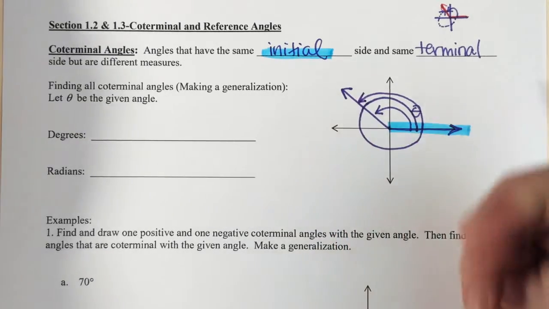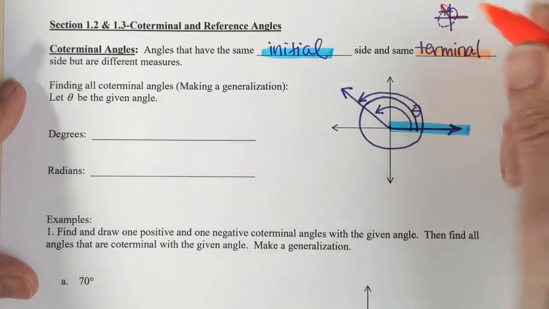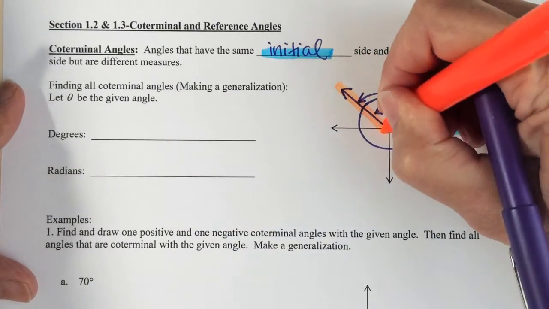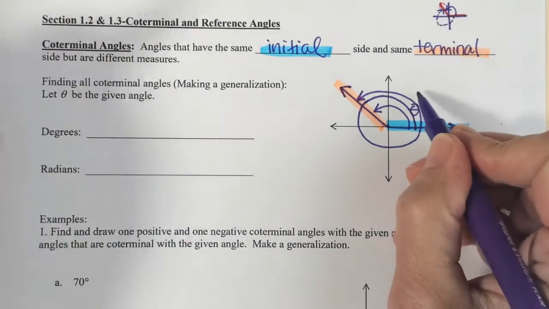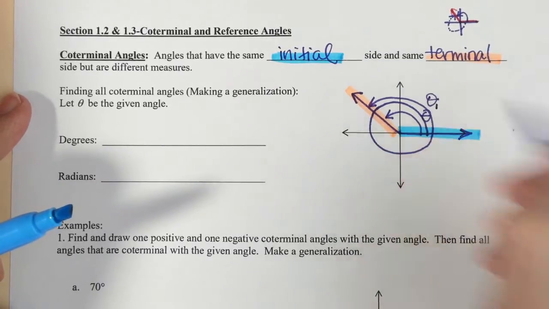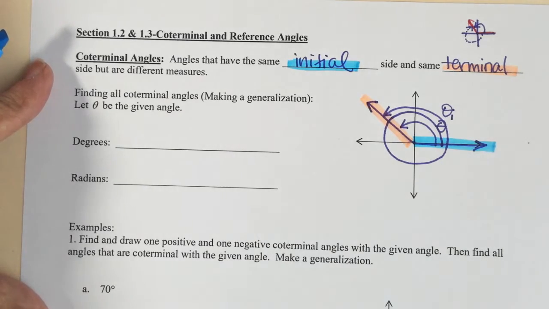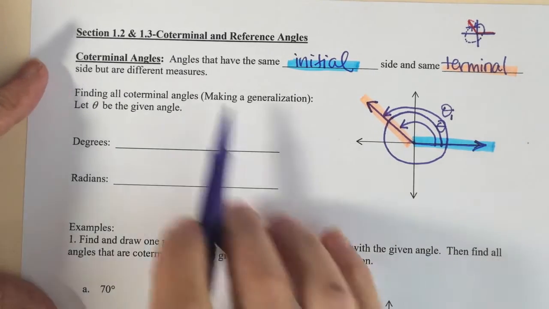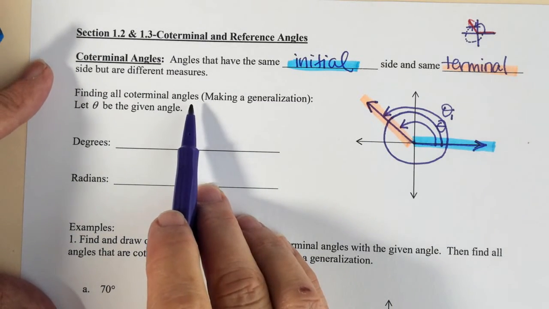So it still has the same initial and the same terminal side as my first angle, my theta. I'm going to call this theta sub 1, because it's more than the 360 degrees, but still meets the criteria of having the same initial and the same terminal side.